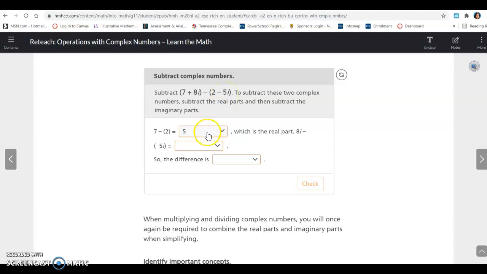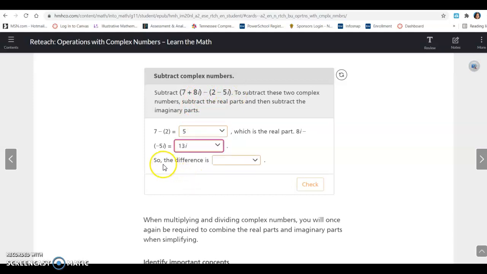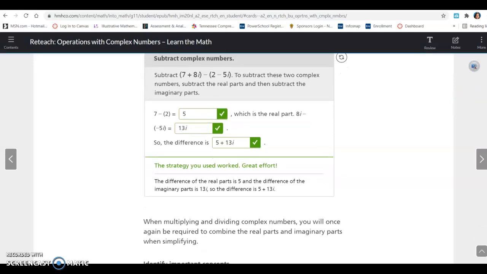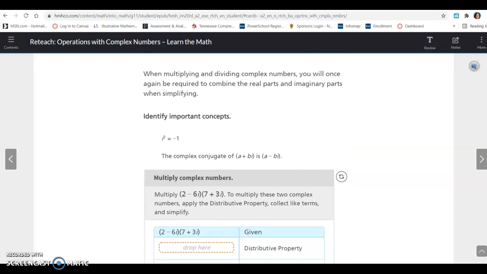So 8i plus 5i would be 13i. And then the difference is 5 plus 13i. So again, you just combine the real parts and then you combine the imaginary parts.